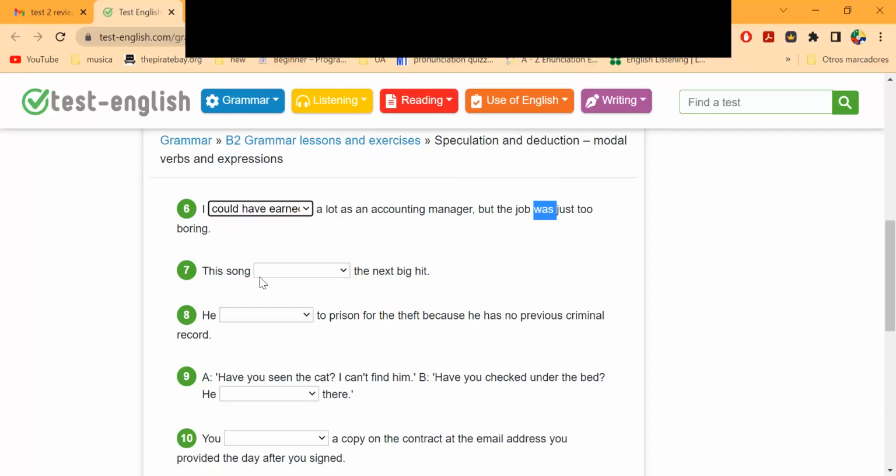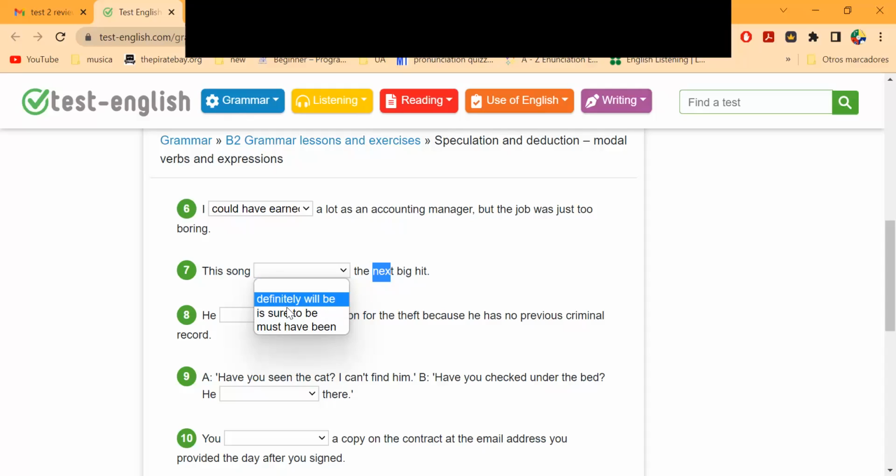This song, the next big hit. That's important. The next. Is sure to be. Ya, le soplé en antes que se puede decir con bound or sure. Esta podría ser, pero aquí está mal ordenada. La correcta, el orden más usual es this song will definitely be, ¿ya?